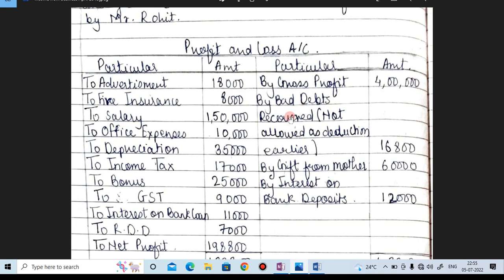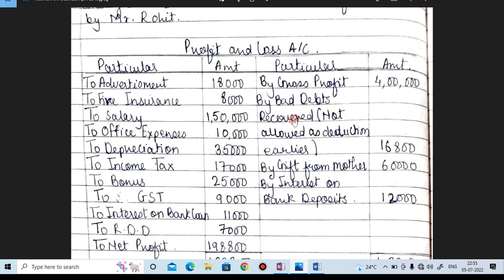After gross profit, what is next? By bad debts recovered. By bad debts recovered, and in bracket, this is very important, not allowed as deduction earlier. That means this bad debts recovered income is not related to the business, but still it is shown in the credit side.